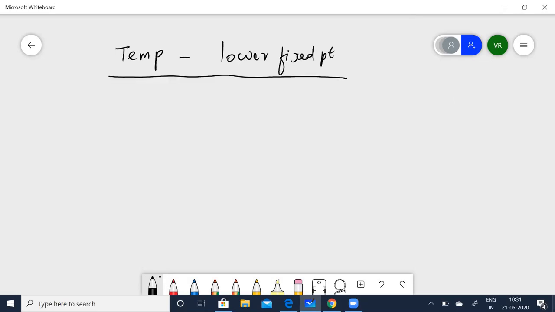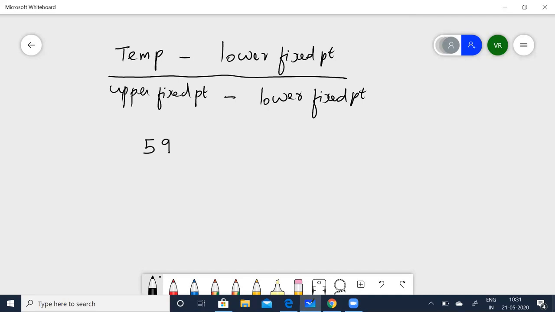Let's solve this. Temperature minus lower fixed point, divided by upper fixed point minus lower fixed point. This is the formula you'll have to remember. This is always a constant.